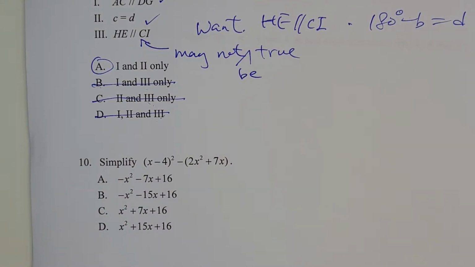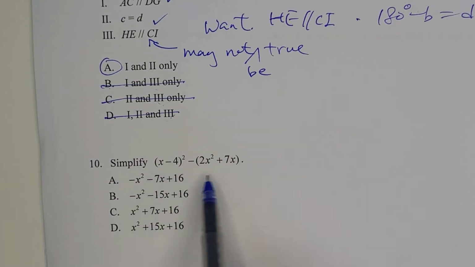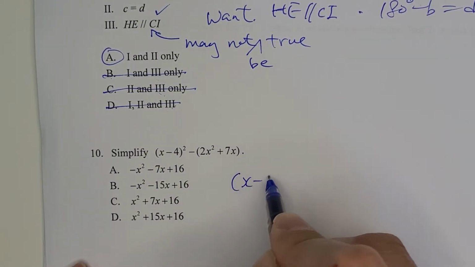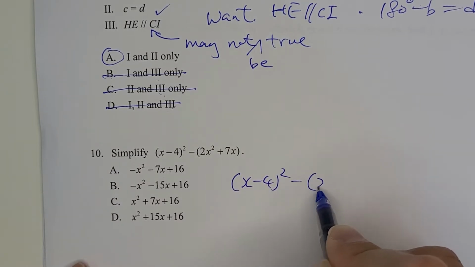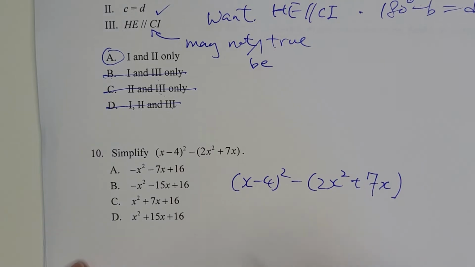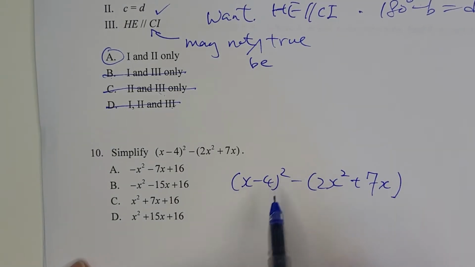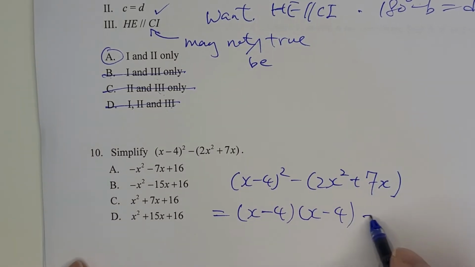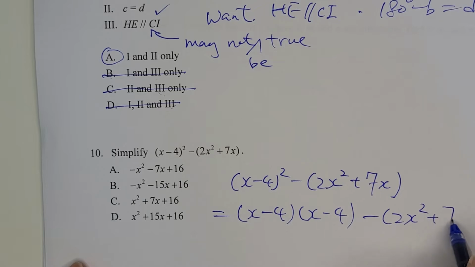Simplify this algebraic expression: (x minus 4) squared minus (2x squared plus 7x). Here, (x minus 4) squared can be written as (x minus 4) times (x minus 4), and then minus (2x squared plus 7x).